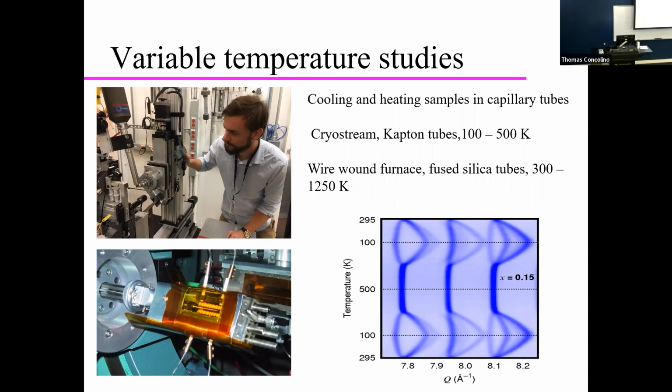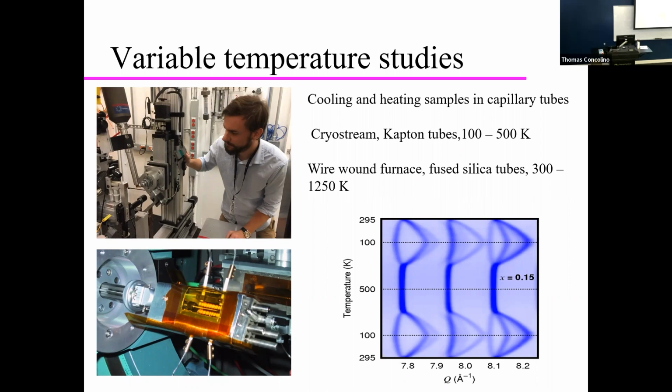This is a cryostream. Those of you that do single crystal diffraction studies have probably used this. Basically, you have a jet of nitrogen gas coming out of this nozzle. You can control its temperature, and we are passing it over a capillary of powdered sample. Change the temperature of the gas, you change the temperature of the sample. It's very easy.